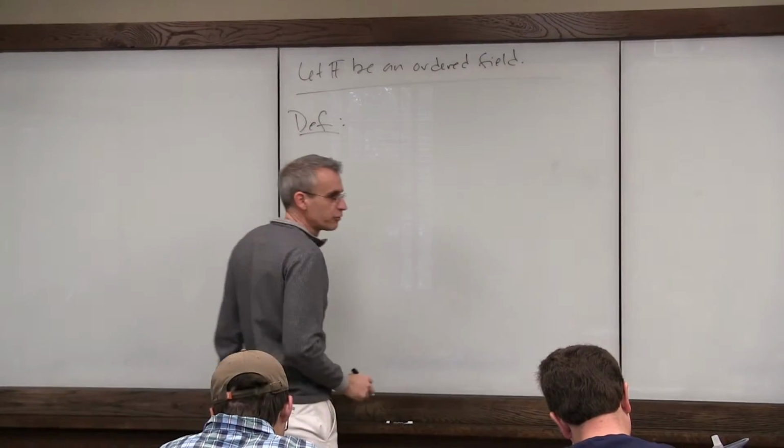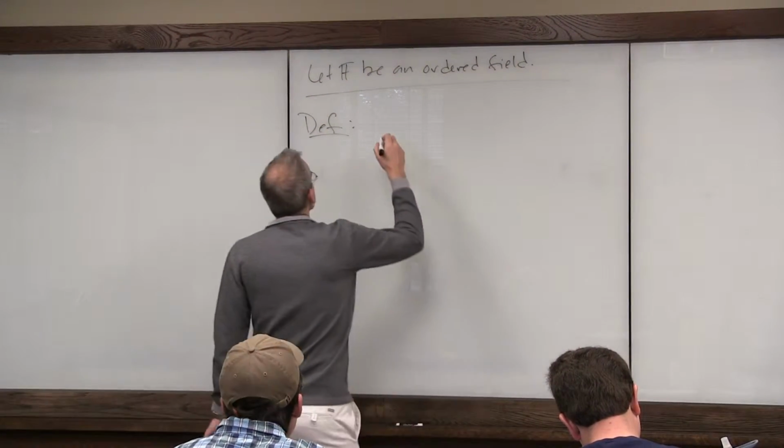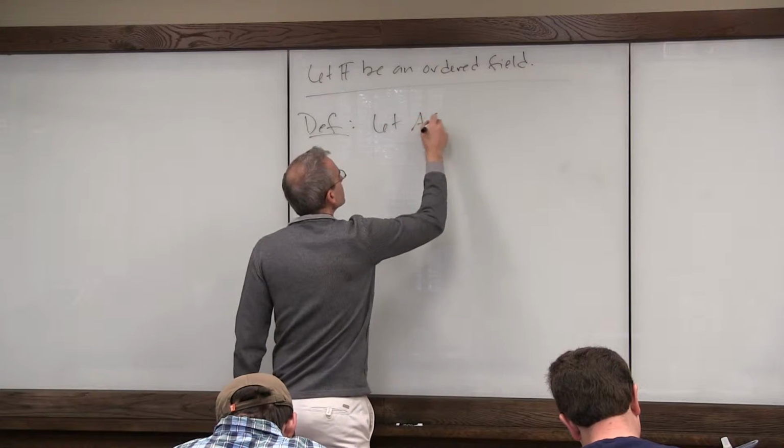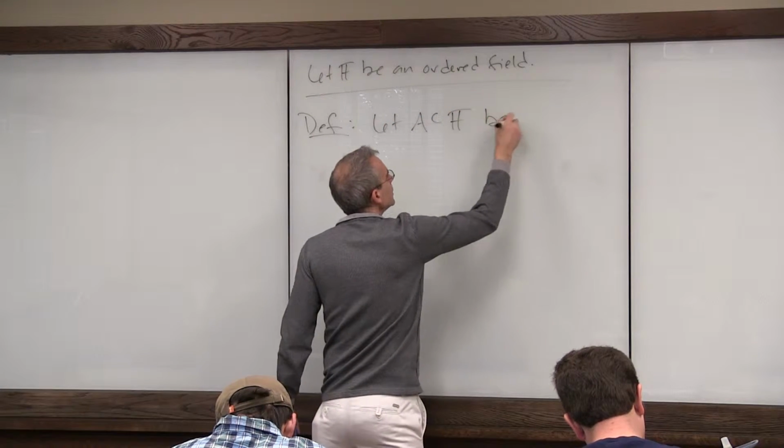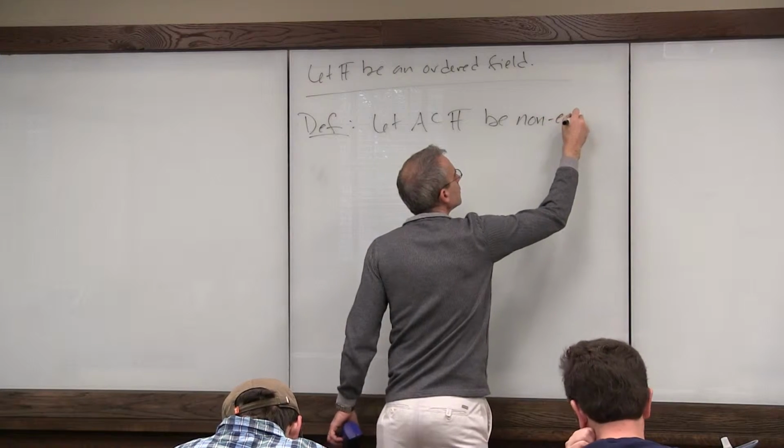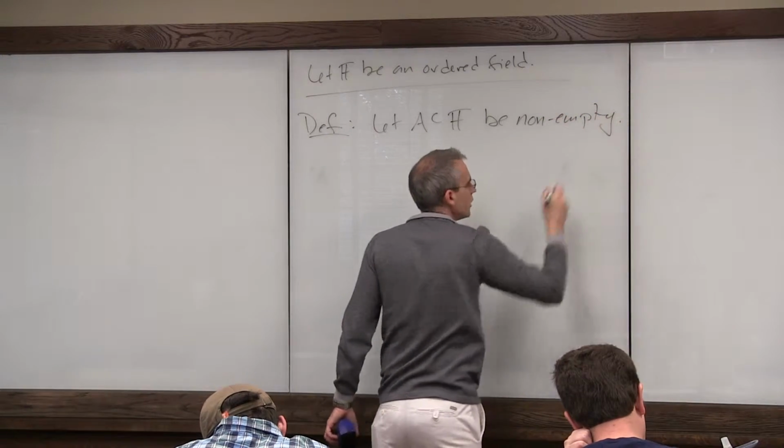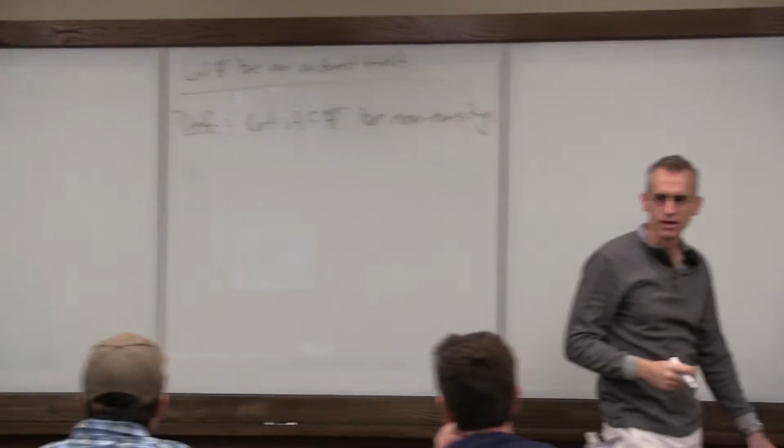So again, F is any ordered field so far. Let A, a subset of F, be non-empty. You can define these things for the empty set too, but it's just irritating and we won't do it.